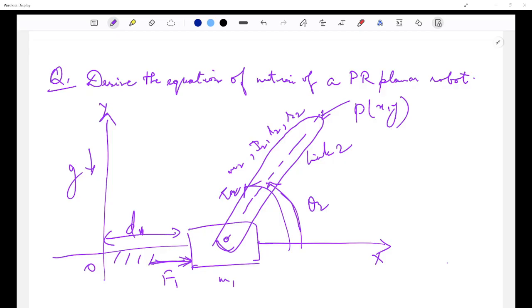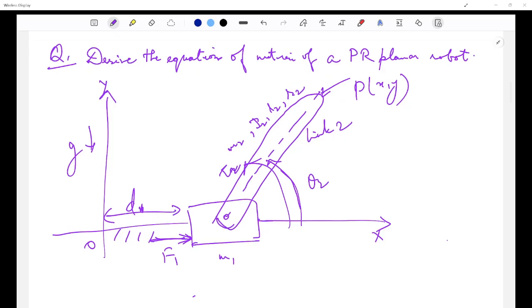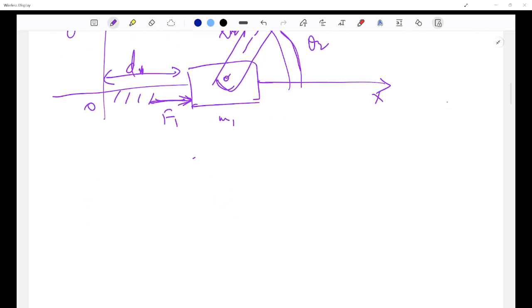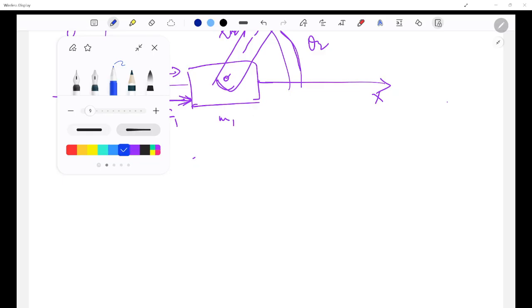So what is the generalized coordinate vector? What would be q in this case? Let's start with this.